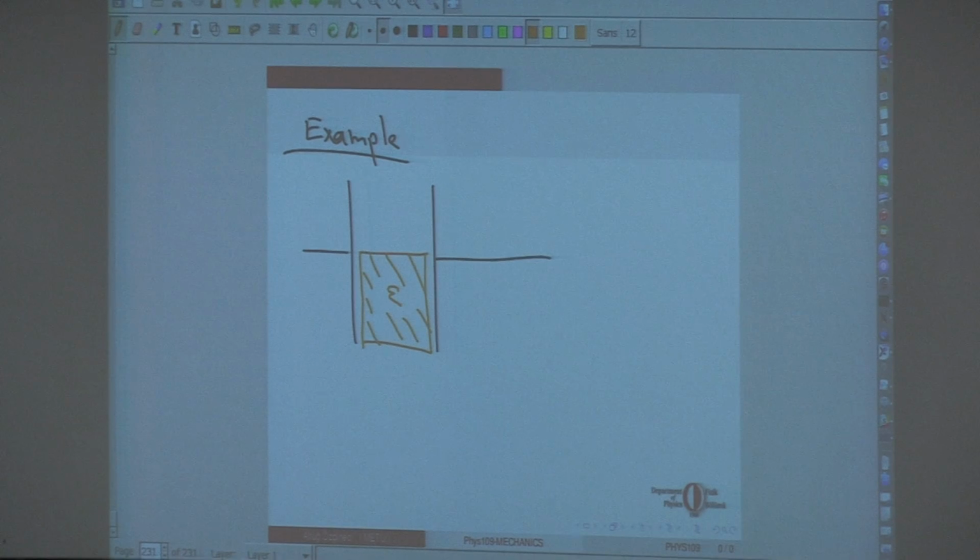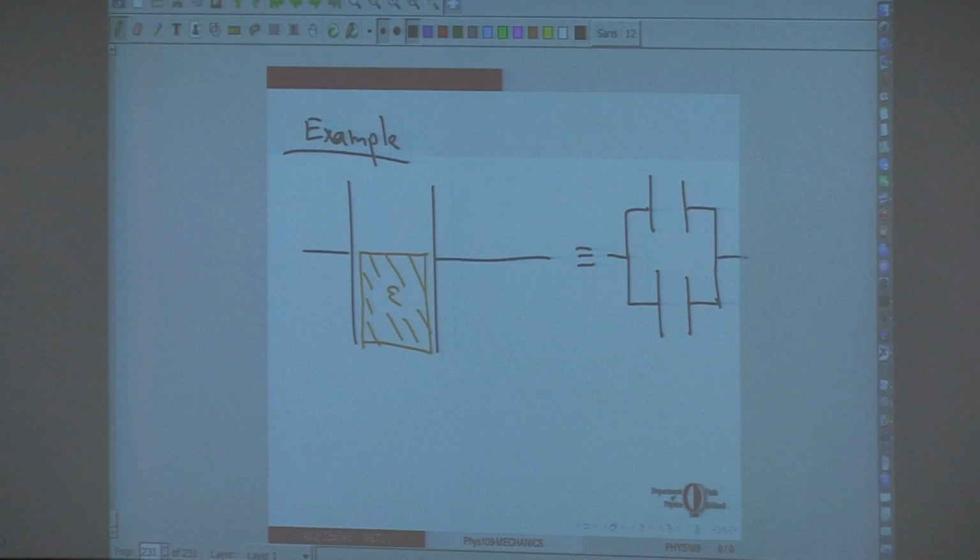In fact, these are two capacitors connected in parallel.